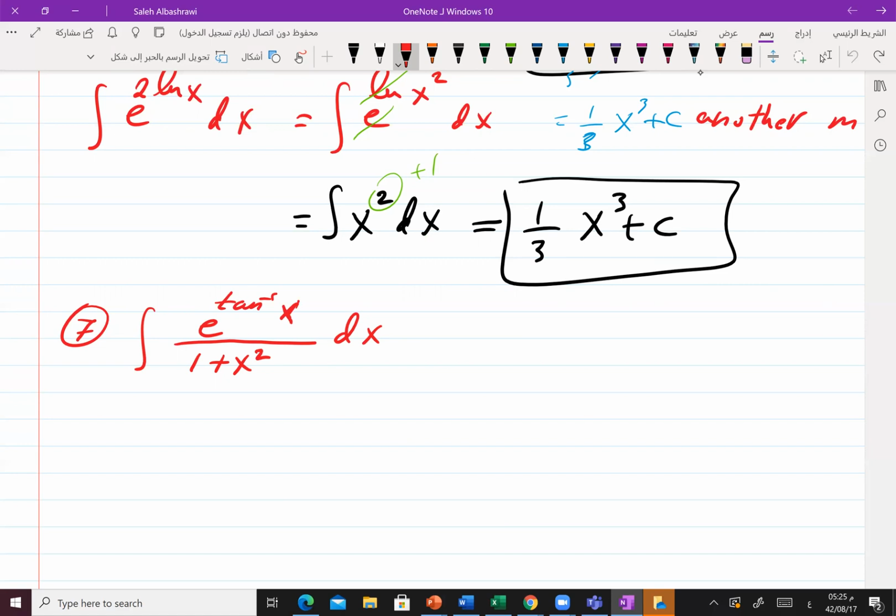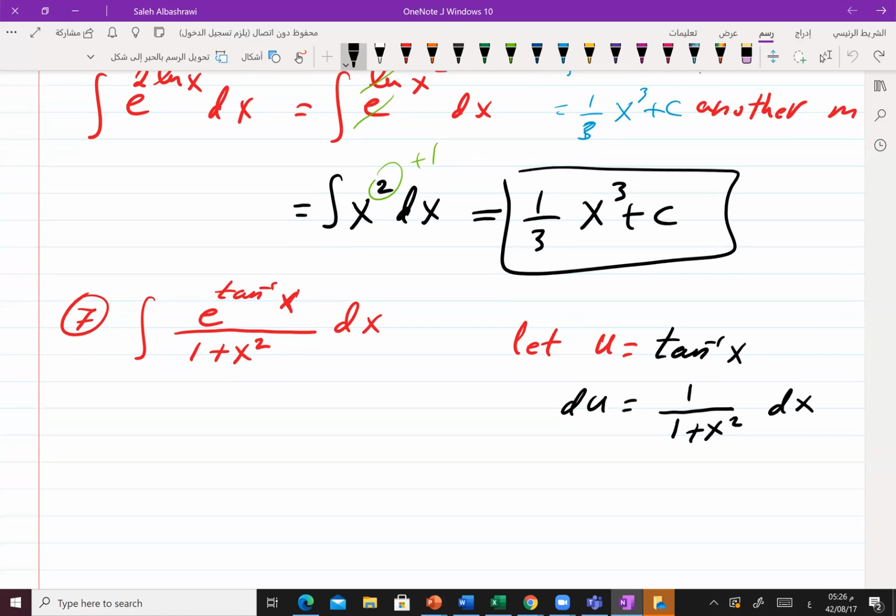So I'm going to take the power, let u equal to tan inverse x, then du, the derivative of the tan inverse, is 1 over 1 plus x squared, and dx there, because I'm using only du.